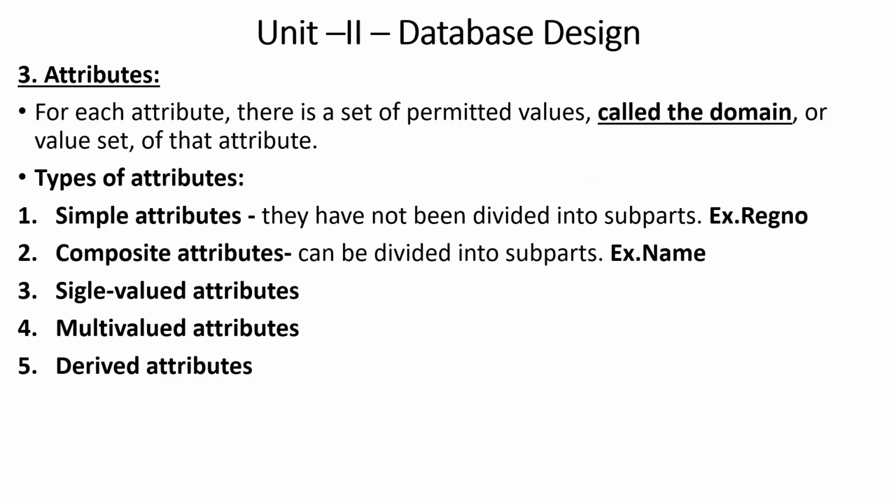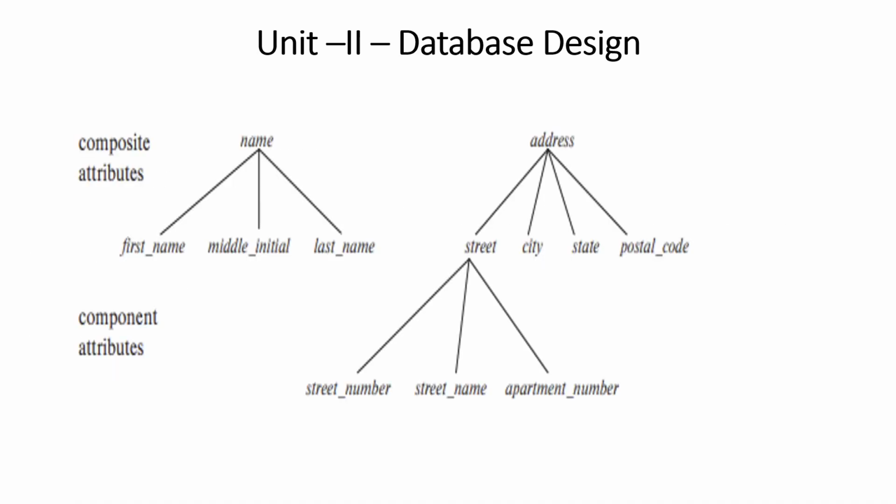The next one is attributes. We have certain types of attributes, that is simple attributes, composite attributes, single valued attributes, multi-valued attributes, and derived attributes. Let's discuss what simple, composite, single valued, multi-valued, and derived attributes are by looking at an example. Look at the diagram. Consider a name entity set.